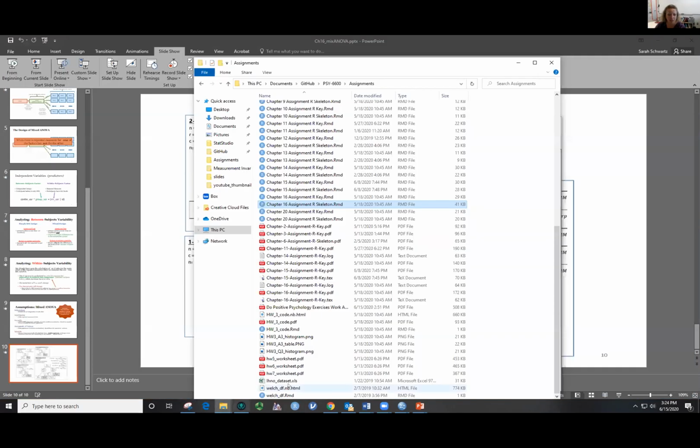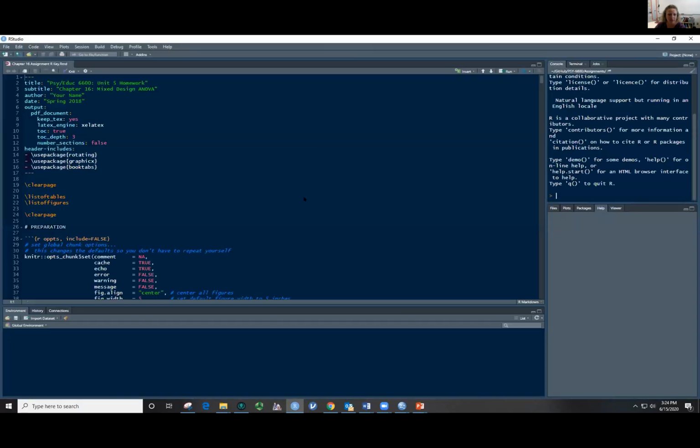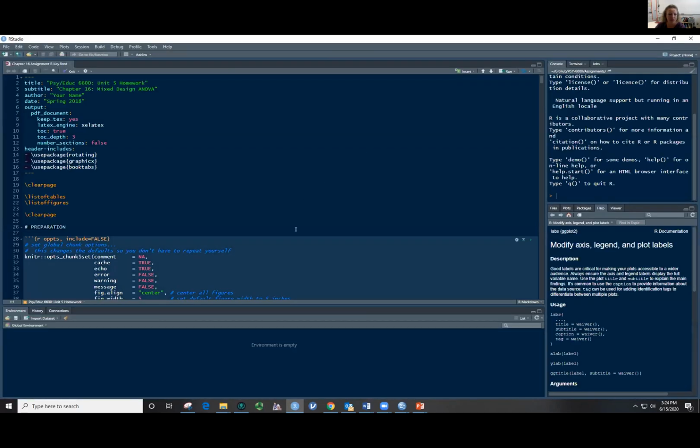I am confused here why this one's looking so funky. Let me open this. See if this one got screwed up too. Because I fixed this one.